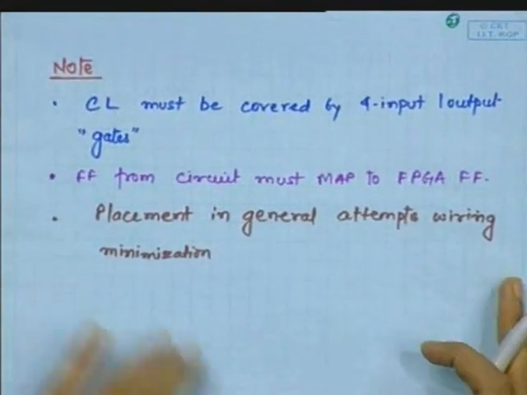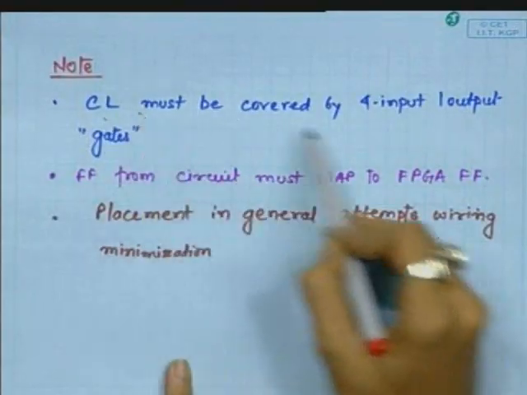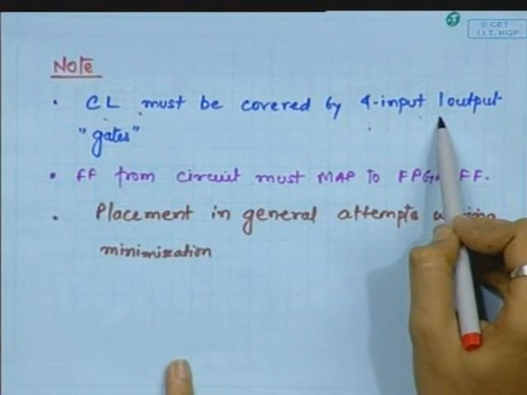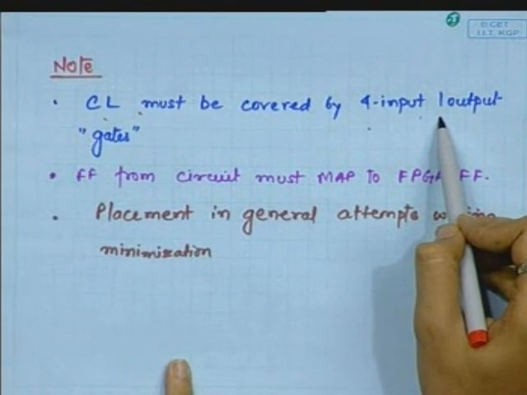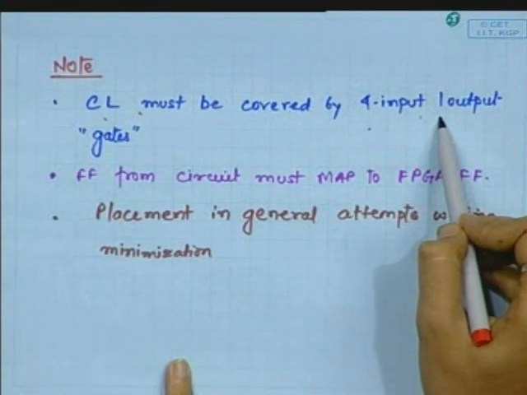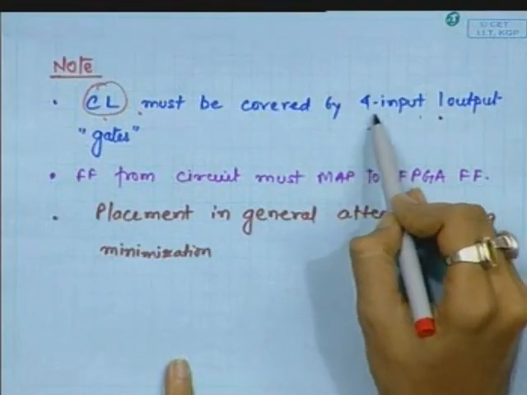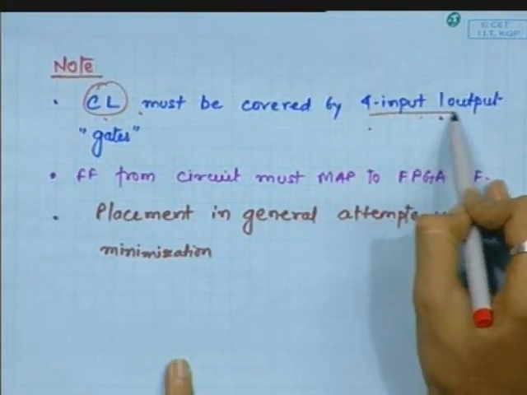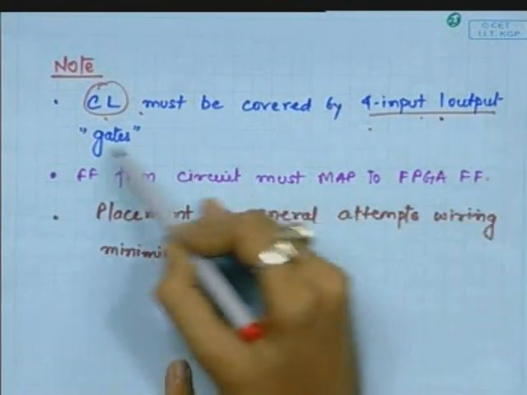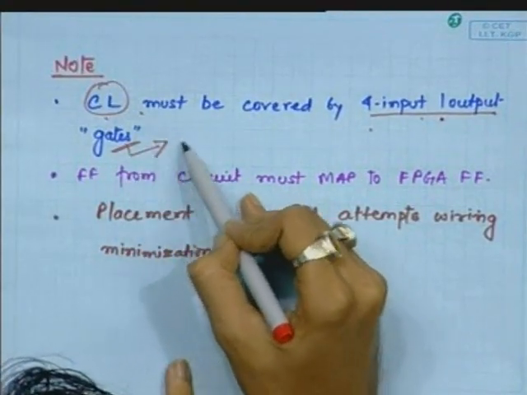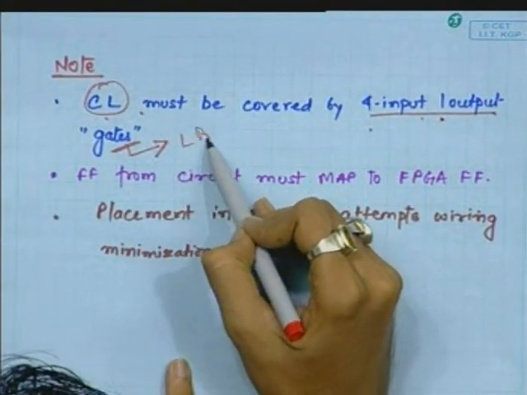As I said, the combinational logic must be covered by 4 input, 1 output gates. This is what actually happens in translation. All your combinational logic should be converted into 4 input, 1 output gates. Not gates, we can say logic blocks.